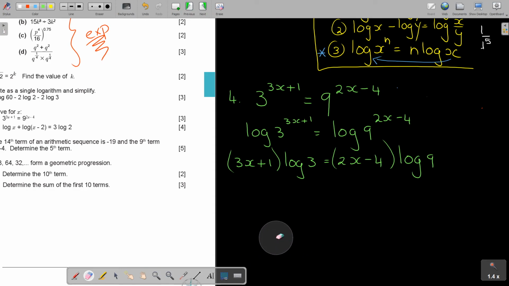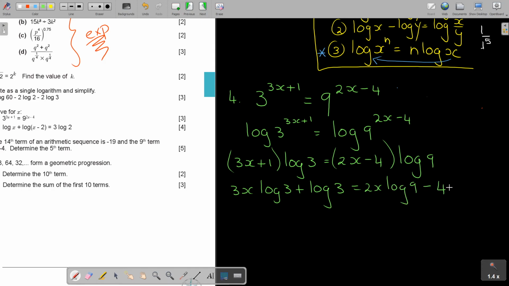Okay, I think it's going to work. I think I'm going to do it a little bit long because I want to show you this. So I'm going to multiply, so I'm going to say 3x. Remember, if it's in front, I can multiply: log 3 plus log 3 equals, I multiply 2x log 9 minus 4 log 9. Now I mark all the ones.